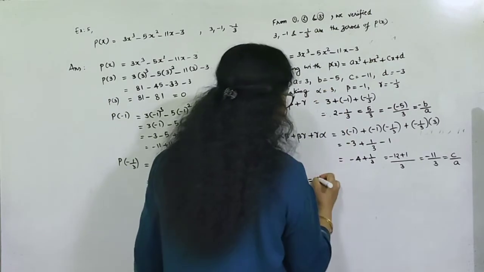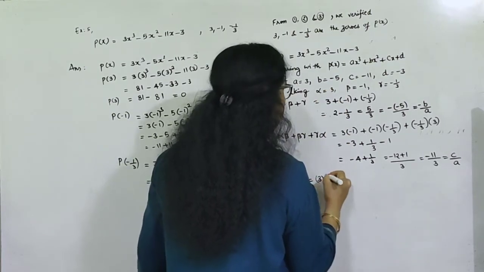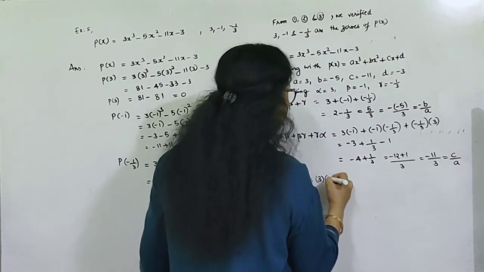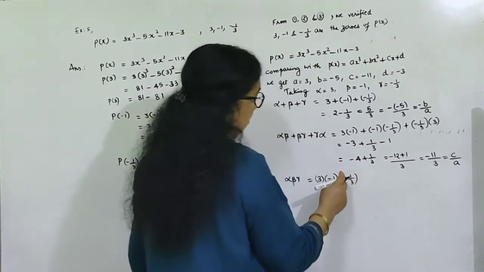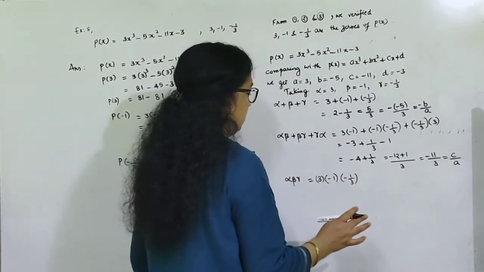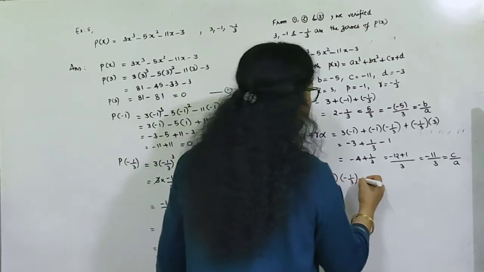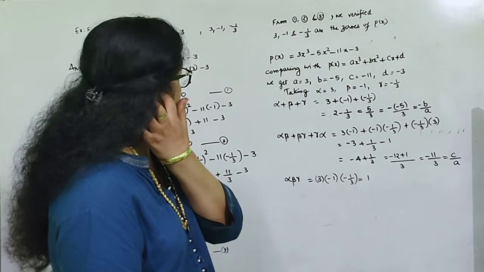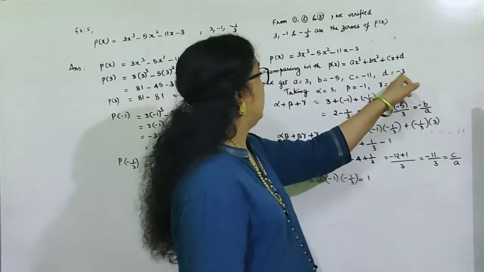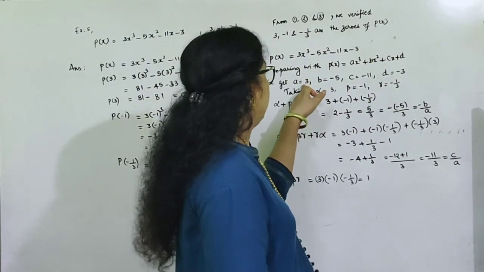Alpha's value 3. 3 multiplied by beta's value minus 1, multiplied by minus 1 by 3. Minus into minus is plus. 3 cancel. So you got 1. What value do we have to get? Minus d by a. D, look, what is the value? Minus 3. A's value is 3.